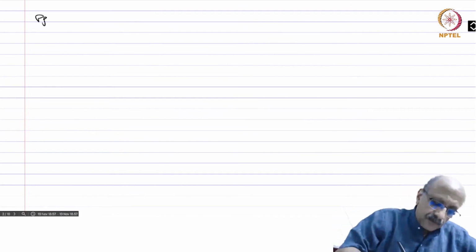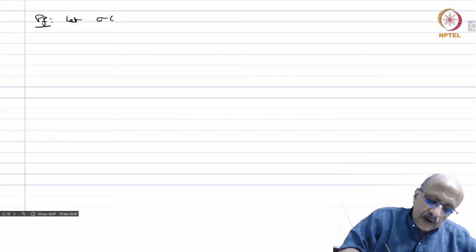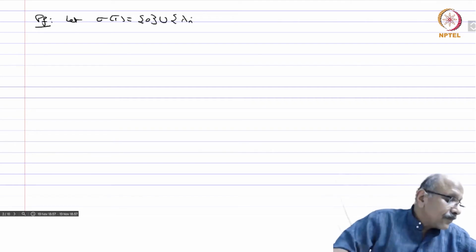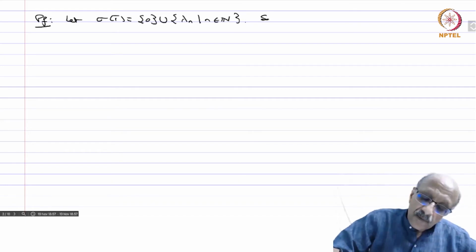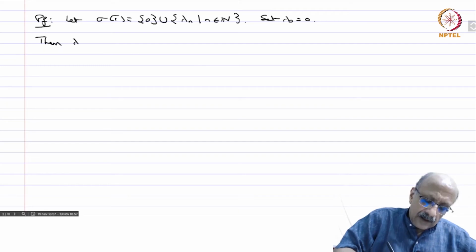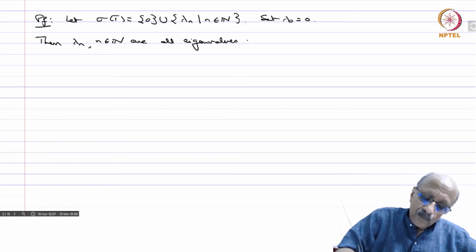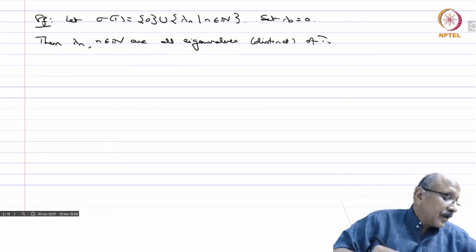Okay, so proof. So let sigma(T) equal to singleton 0 union lambda_n, n in N. Set lambda_0 equal to 0, and then lambda_n, n in N are all eigenvalues of T, all distinct.